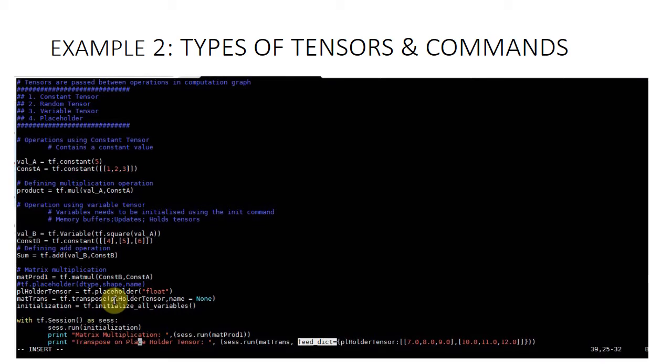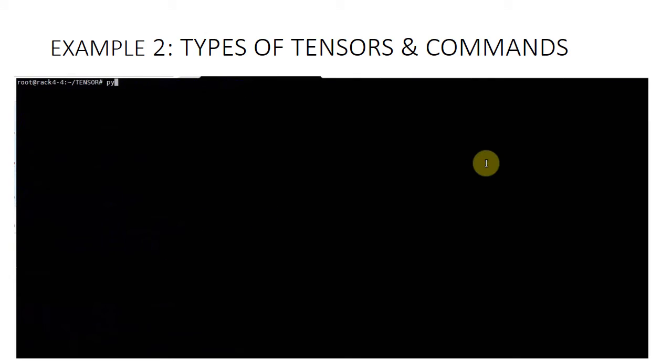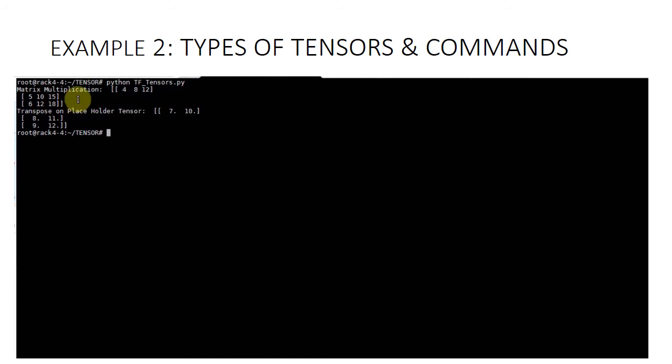Now let's run this example. We have the matrix multiplication output here, and the transpose of my placeholder tensor is also shown here.